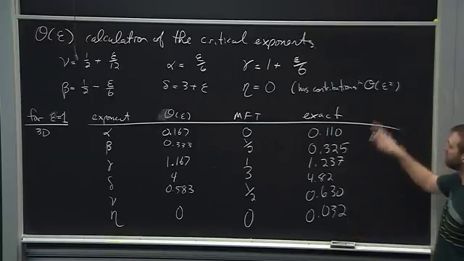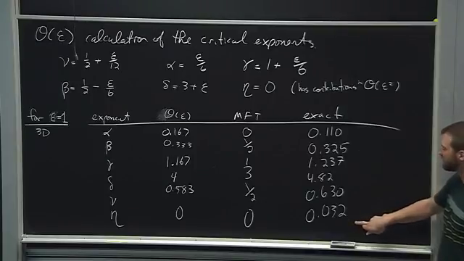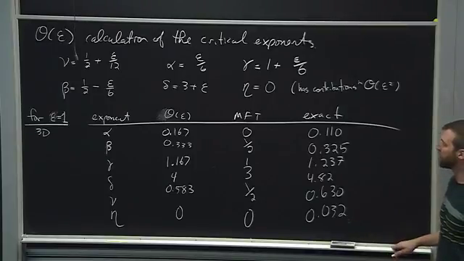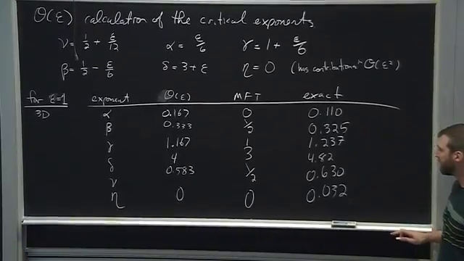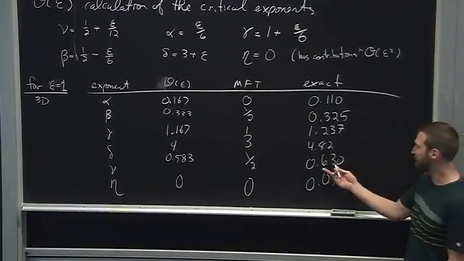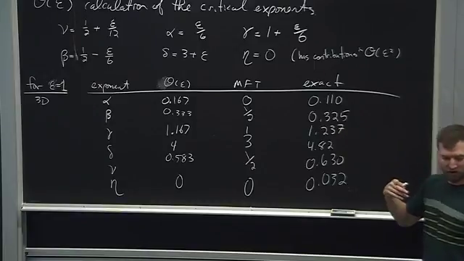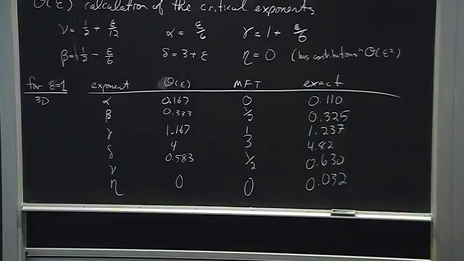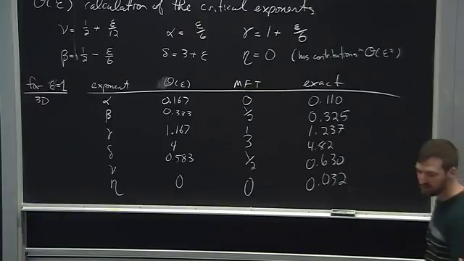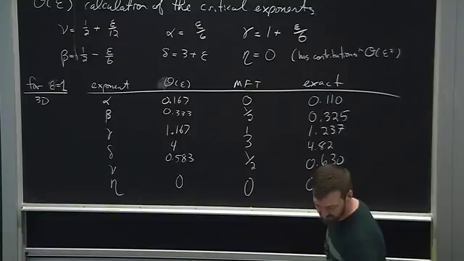Like I said, you need at least second order in epsilon, but that's the value known for 3D. Otherwise, I mean, the accuracy is not great, but it's not terrible. You would imagine going to higher orders in epsilon and doing this calculation to improve the accuracy.